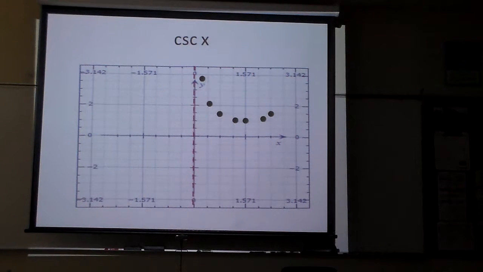At 5 pi over 6, it's going to be 2 again. And then as I get to pi, it's going to get infinity, which means my other numbers are going to get closer and closer to infinity as we get close to it, but never quite hit it. So I made this nice U-shaped parabola. All right, now then, that was just the first hump, in case you're wondering what happened here.